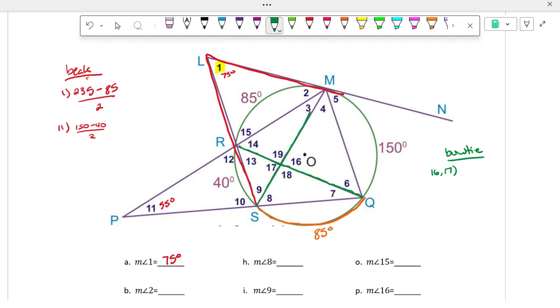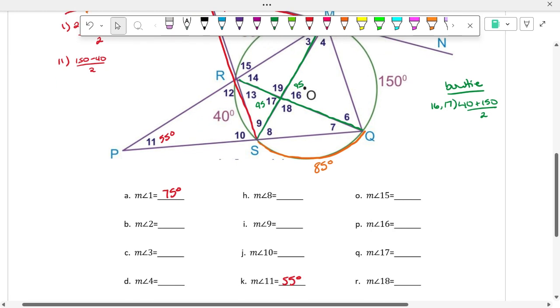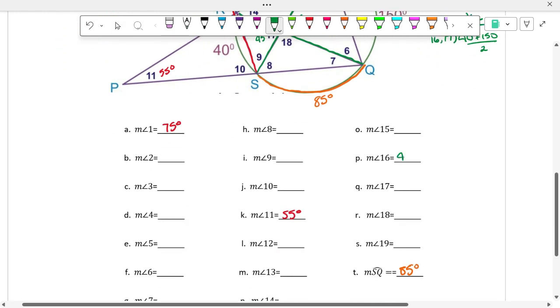You do arc of 17, arc of 16, add them together, divided by 2. So this will be 40 plus 150 divided by 2. That's 190 divided by 2, which is 95. So both 16 and 17 are 95 degrees.